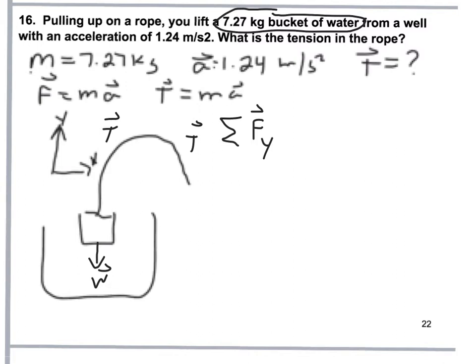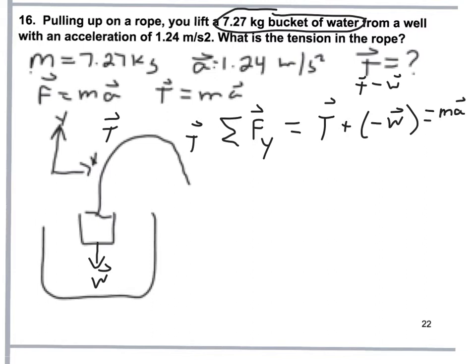So we end up with our summation here, F sub y. We're going to sum our tension, and then we're going to add to that our weight, and the weight's in the negative y direction. So we could have just written that as tension minus W. And then, so there are forces, and force equals ma.